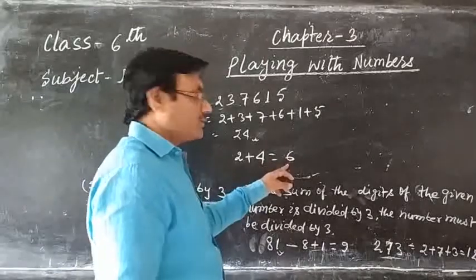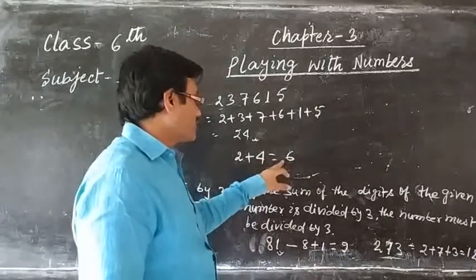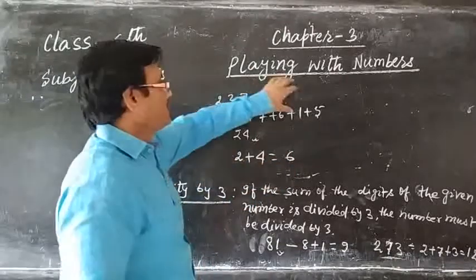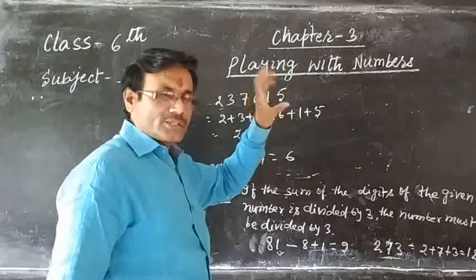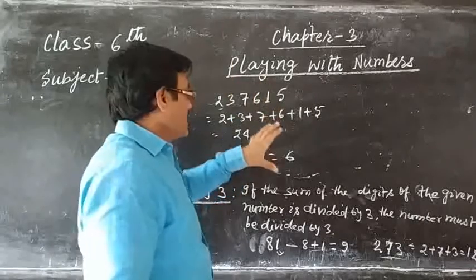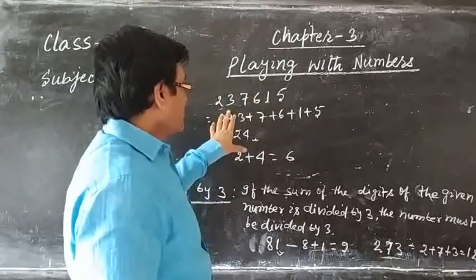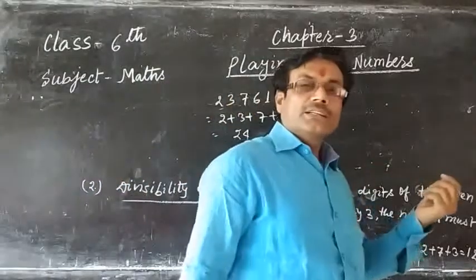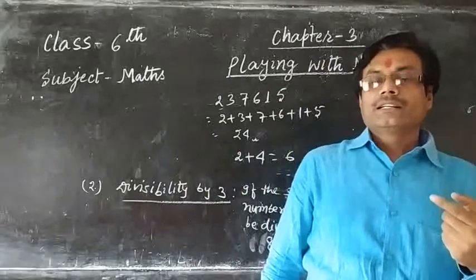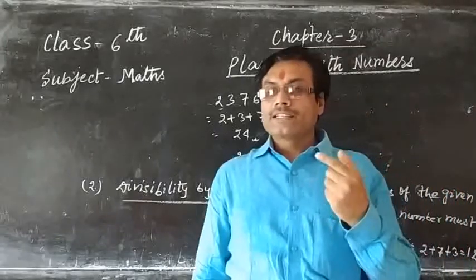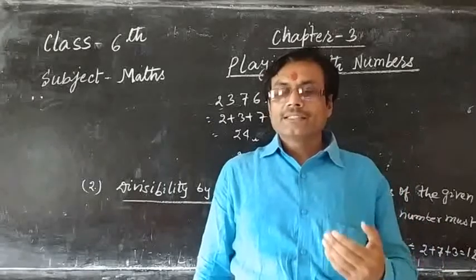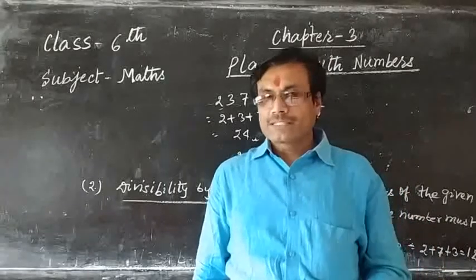Now it's easy to know. अब ये तुम्हारे लिए आसान हो गया. 6 तो जानते हैं 3 से कटेगा. Students, if you take the sum and get two digits and you don't know whether it is divisible by 3 or not, then repeat this process till one digit comes.